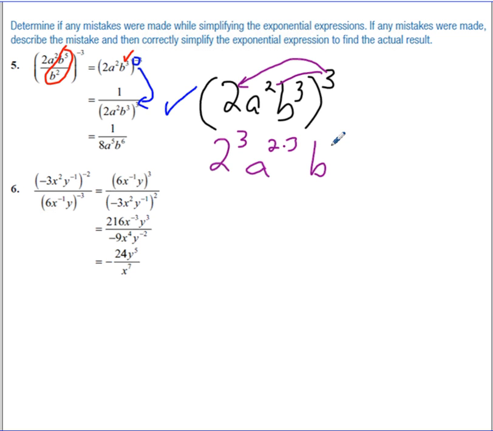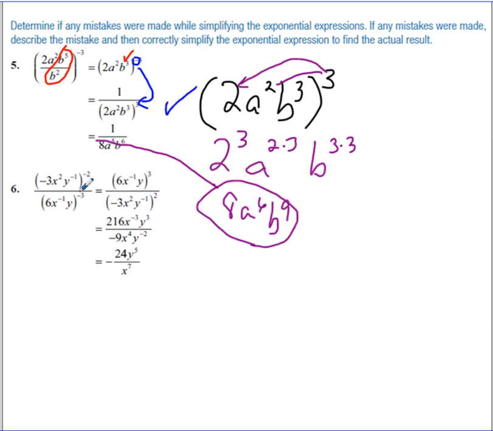And for the b, we had a power of 3 raised to the third power, so we have 3 times 3. So we should get 8, a^6, b^9. Okay, they didn't do that. What they did is they added instead of multiplied. So their answer was wrong for that reason.